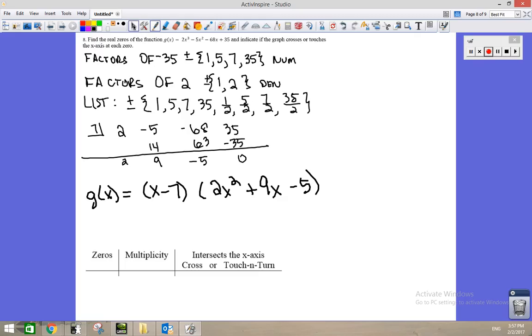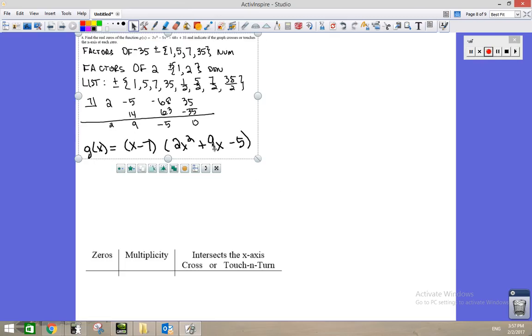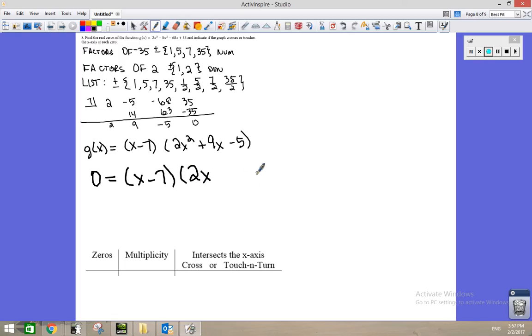So let's set this equal to 0 and solve this equation. x minus 7 and 2x squared plus 9x minus 5. I believe that factors to 2x times x, and this is 5, so this is minus 1 plus 5, because that's 10 minus 1, which is 9, yeah.